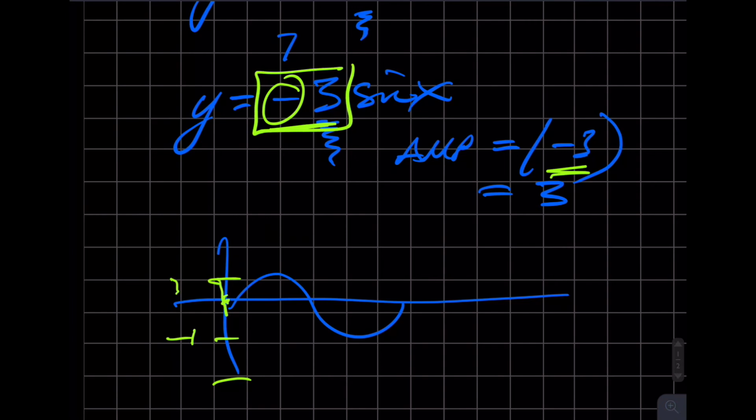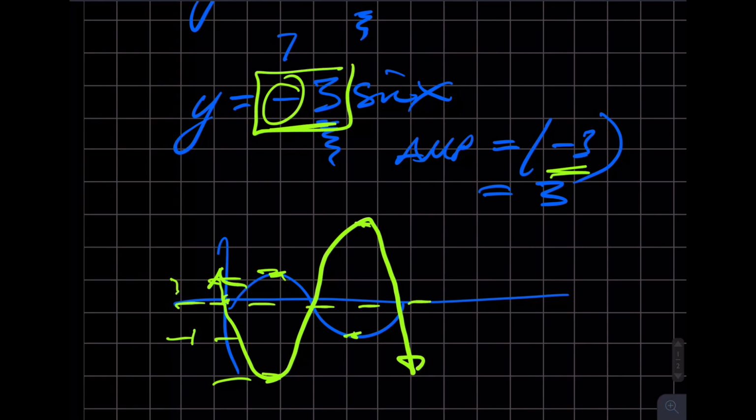So they're now down here, and all the negative values positive. And so my sine curve not only stretches vertically, but it reflects about the x-axis, or as many students say, it flips. So all these positive values become negative, and all these negative values become positive, and they're further away from the midline, which is, in this case, the x-axis.